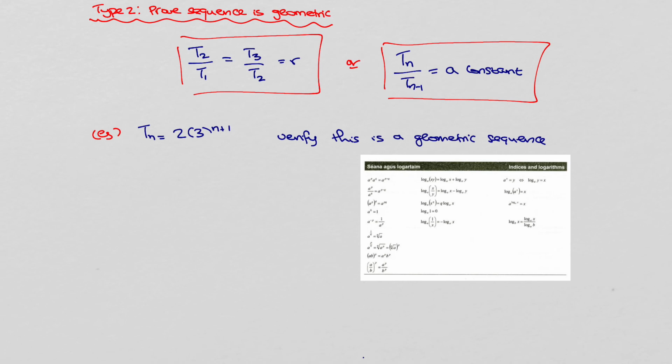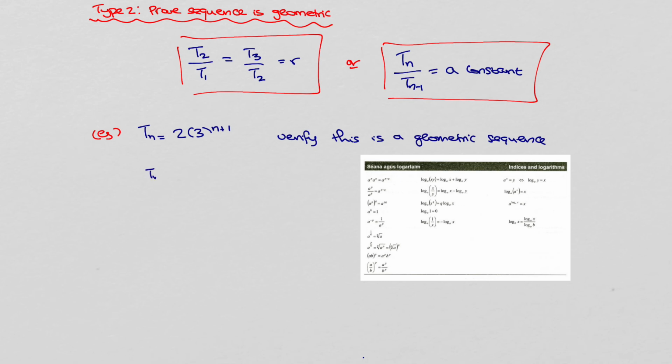Now, if we're not given the sequence of numbers, instead we're given just the general term, like in this example here, t of n is equal to 2 times 3 to the power of n plus 1, then what we will do is work out the previous term, t of n minus 1, and dividing we will show for any value of n, it will always be a constant.